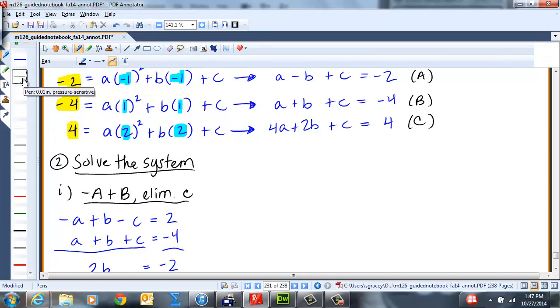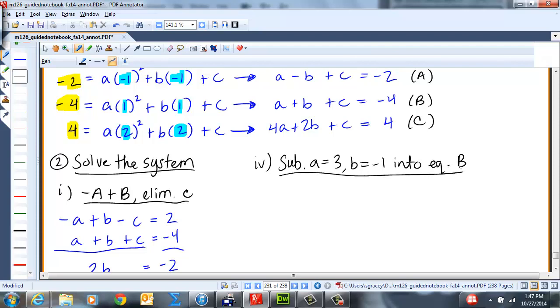So our fourth step will be substitute a equals 3 and b equals negative 1 into equation B, that's a nice one. So equation B is a plus b plus c equals negative 4. a was 3, b was negative 1.